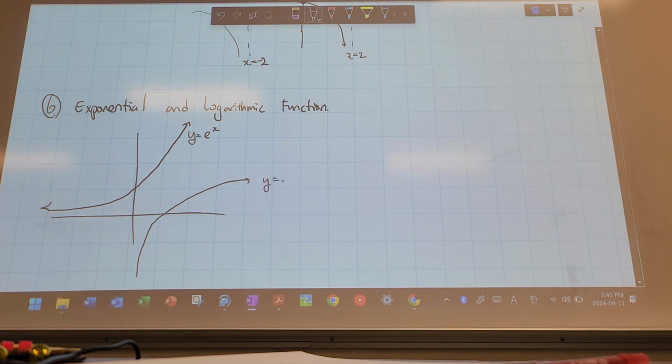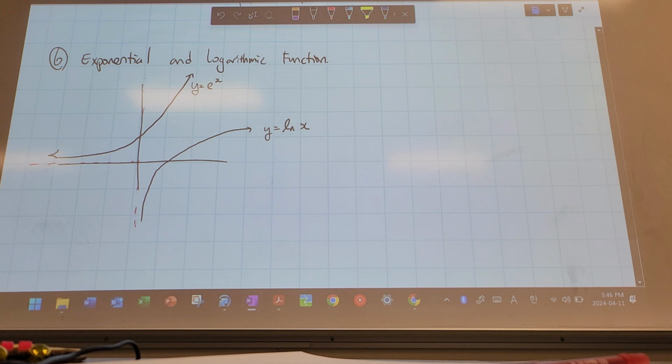We usually have the case of ln of x. So for y equals e to the power of x, we have the horizontal asymptote of y equals 0. And for the logarithmic function, we have the vertical asymptote of x equals 0.